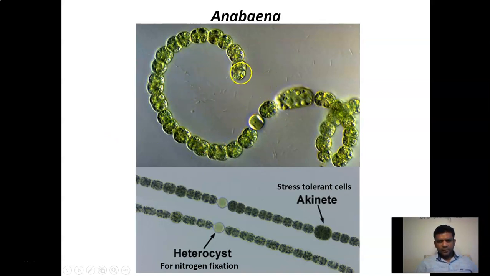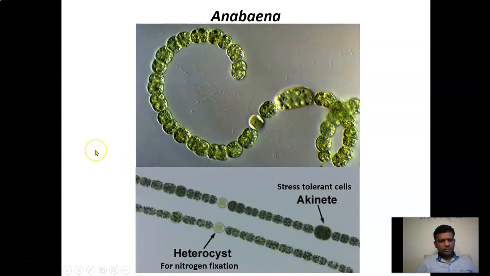There is one which is called Anabaena. You can tell Anabaena from the shape of their cells. They have a bead-like appearance, like a string of beads. One of the most special characteristics of Anabaena is that it has the ability to fix nitrogen, or nitrogen fixation.